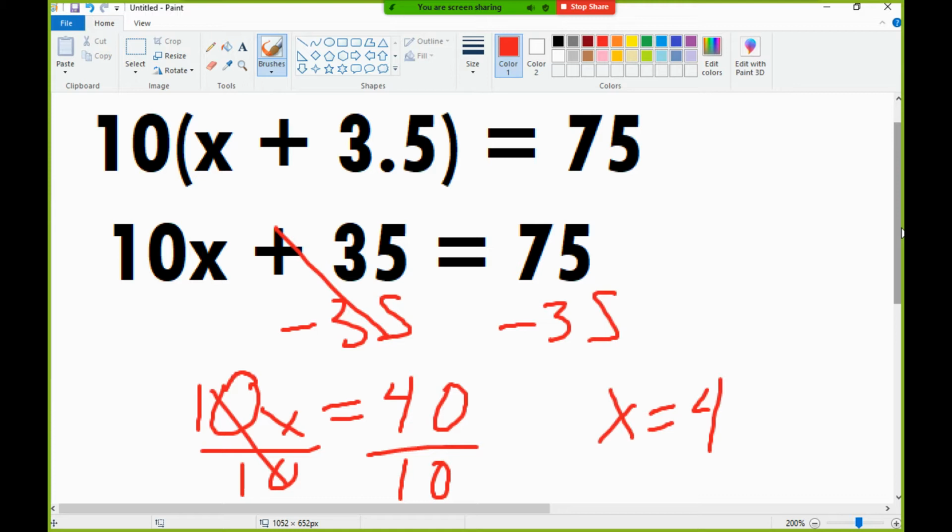When you put these back in and check them, either of them works.